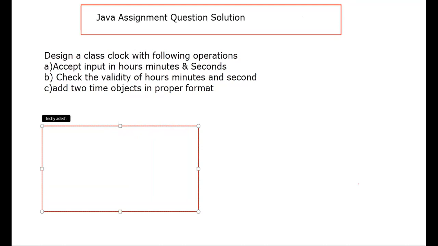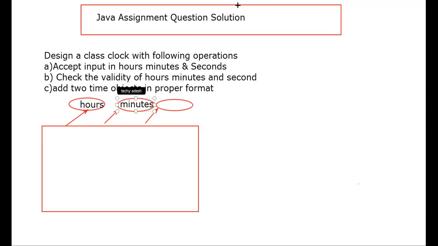The properties of this class are three: hours, minutes, and seconds. These are the three properties, right?